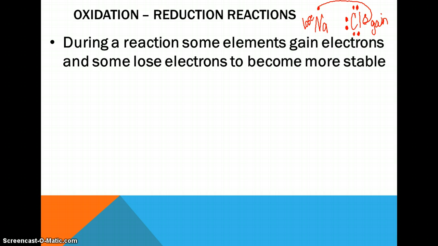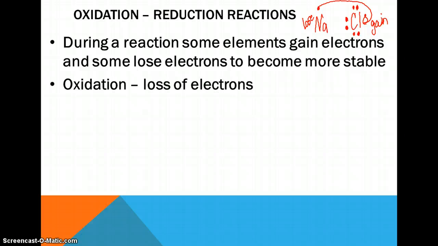So this is not a new concept. We're just now putting a name to this type of reaction. If you are looking at the element that has lost electrons, that's known as oxidation. So in our example, sodium has lost electrons. It has gone through oxidation.